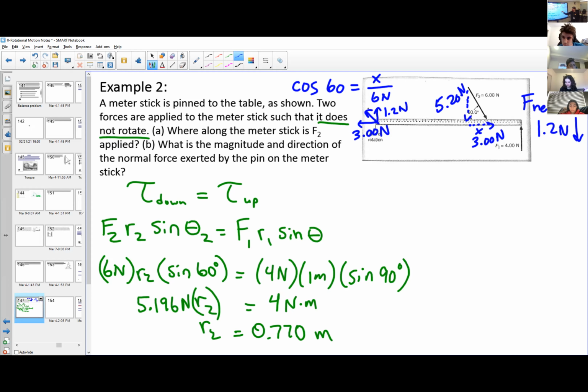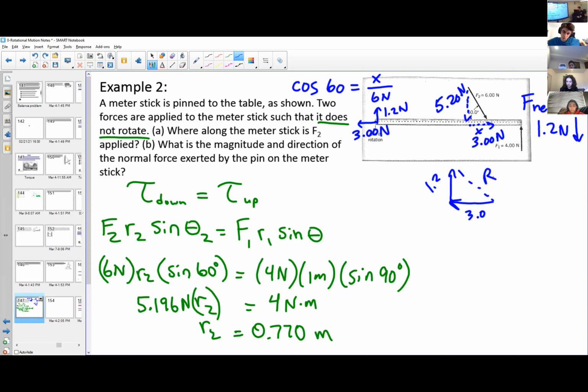Well, remember when we have vectors, we can draw them tip to tail. To make the situation a little better, I'm just going to slide this over, so they're tip to tail. 1.2, 3.0. How do I find that?